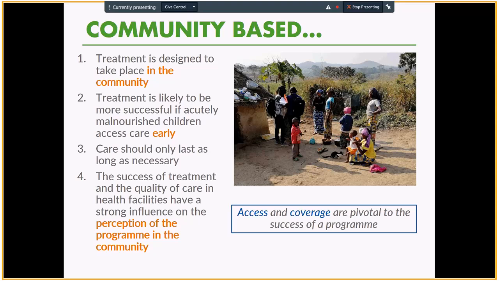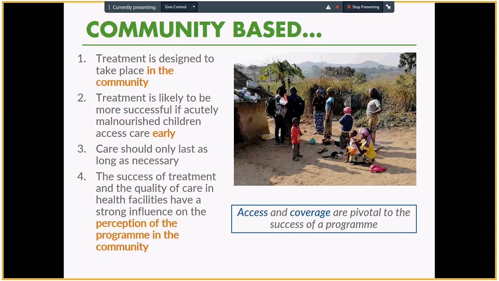And that's really what ACF has specialised in over the years. We were one of the organisations that pioneered treatment with RUTF, with Plumpy'Nut. And we are the core people who train teams on how to deliver effective treatment in Bangladesh, amongst hundreds of NGOs that are coming to Bangladesh and providing life-saving support for the refugee communities.